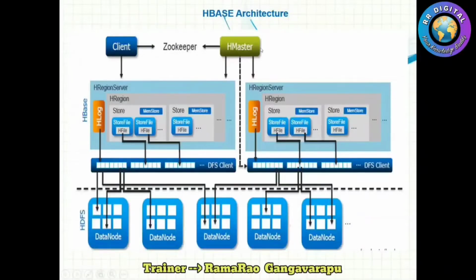Now, what is the use of this HMaster? So basically this HMaster is the master node, right? In the HBase architecture, this HMaster will store your HBase tables' metadata: which table's data is available in which region server, or which region, or which data node. So all this information is available in HMaster.